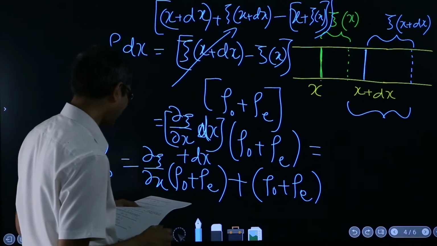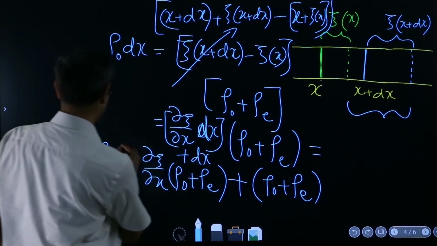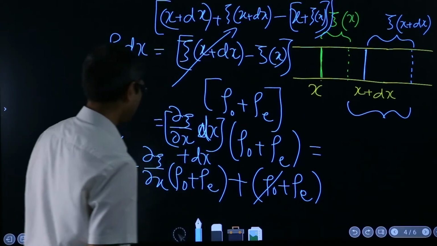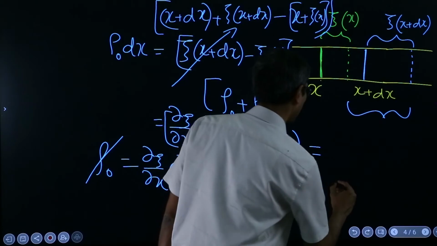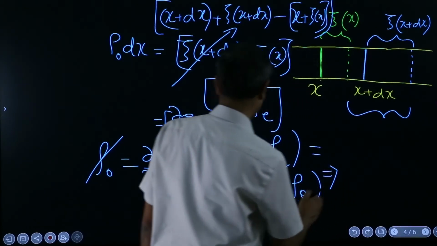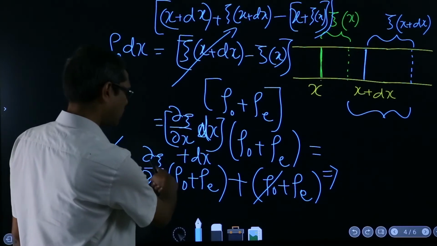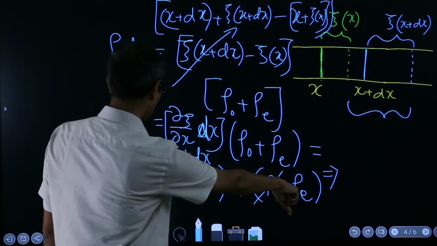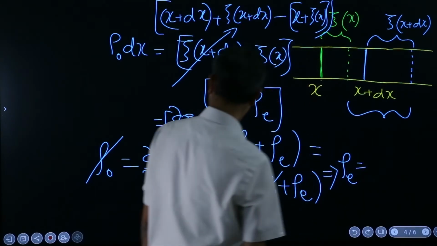Then what are we getting? Let's expand this. So this rho naught gets cancelled here, and so can I squeeze it in here? This rho e times this is second order, so this rho e should be, what?